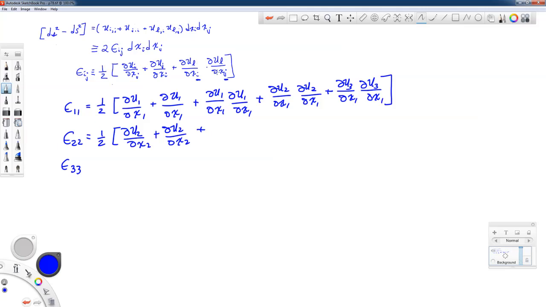Remember the l is the dummy index, so we have the partial of u1 with respect to x2, partial of u1 with respect to x2, partial of u2 with respect to x2, partial of u2 with respect to x2, and the partial of u3 with respect to x2, and the partial of u3 with respect to x2. Okay, so those are all the terms in that strain quantity. I'll let you do the third one. We also have some terms that look like epsilon 1, 2.